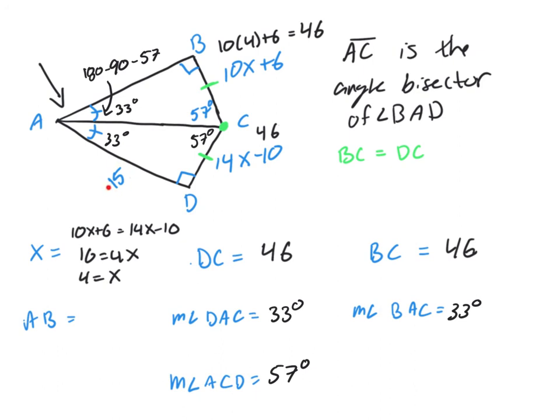So we have side, angle, side going on here, as well as angle, side, angle. So those are all triangle congruencies. So if we're looking at this and we're trying to find the length of AB, well, we are able to say that AB is going to be congruent to AD, so it is going to be 15 for its length.